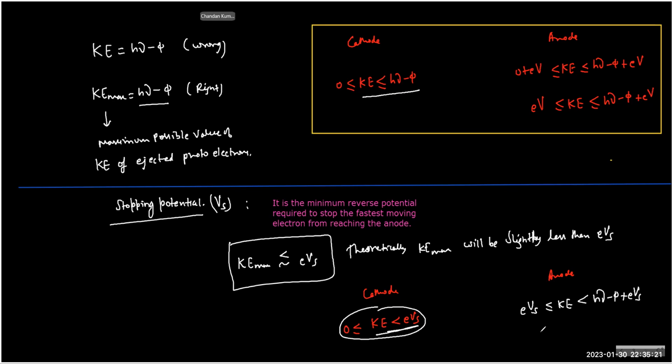So value-wise it is going to be less than this value, right? So KE max is not equal to eVs. It is on the lesser side theoretically, but for all numerical purposes, we can write equal. Okay.